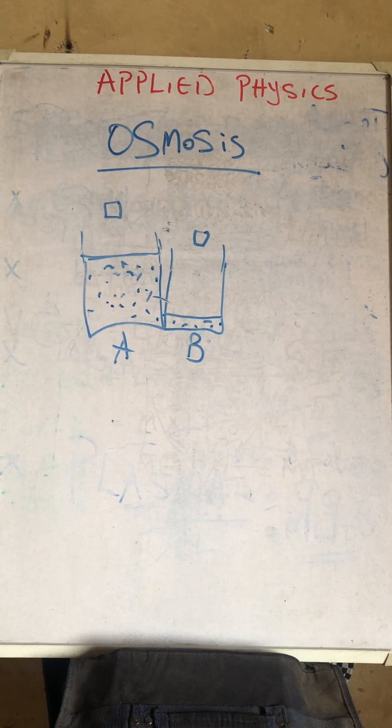Okay, let me explain diffusion. What is diffusion? Diffusion is a phenomenon where molecules spread from a region of high concentration to a region of low concentration. So they are not the same.